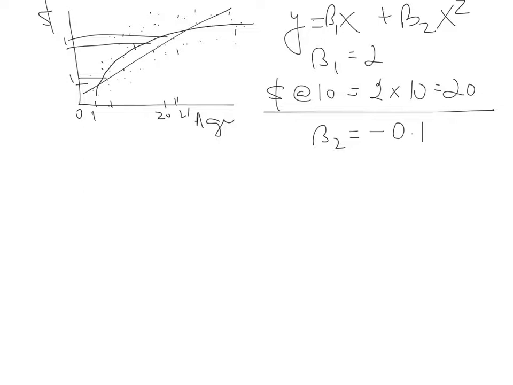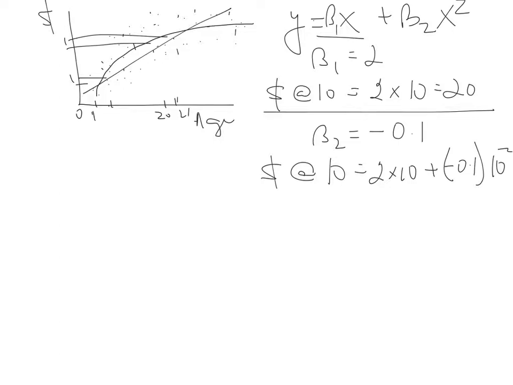Now, my estimation of earnings at the age of 10 now would be still beta 1 times x, which is 2 times 10, but I would also add, and now this is a negative 0.1 times the x squared, so 10 squared.